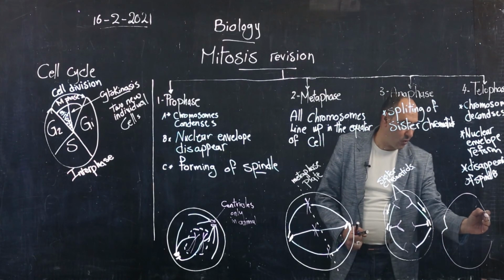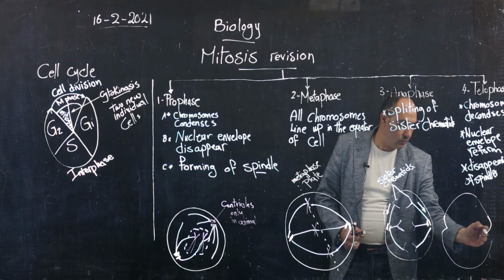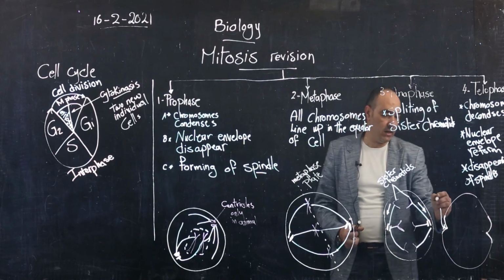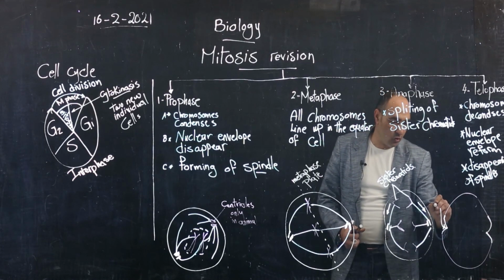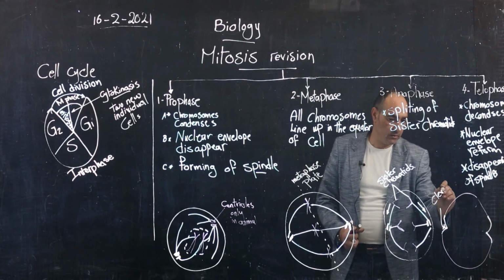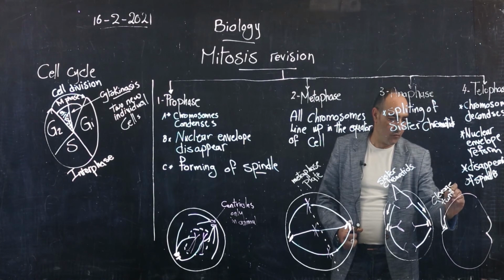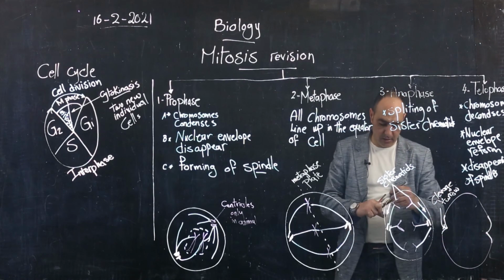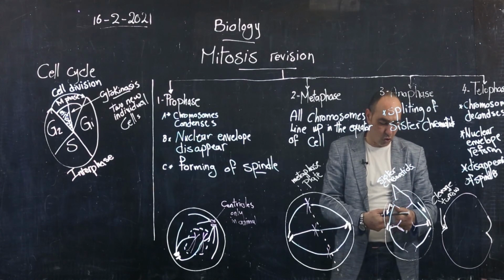A cleavage furrow begins to be made. The deepening in the cell membrane of the cell, pinching in, is called the cleavage furrow. So the formation of the cleavage furrow and the disappearing of the chromosomes.